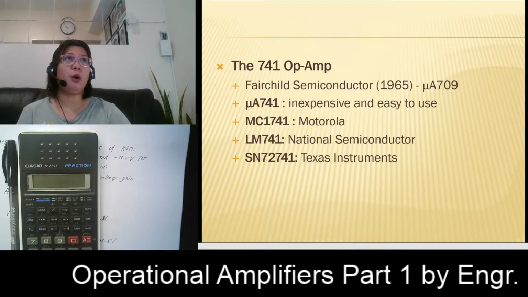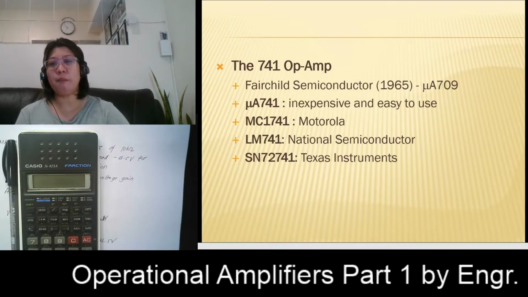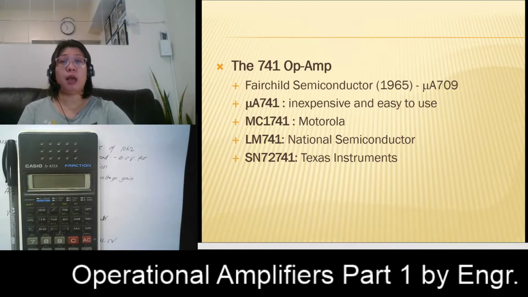If the op amp was manufactured by Motorola, we call this MC1741. Micro A is from Fairchild Semiconductor. Then LM741. You might be encountering different types of integrated circuits.